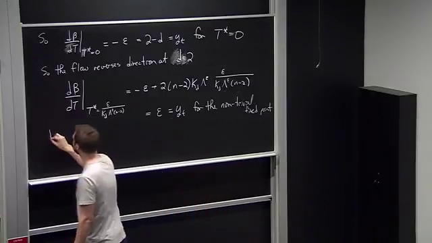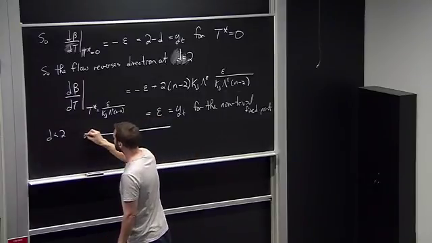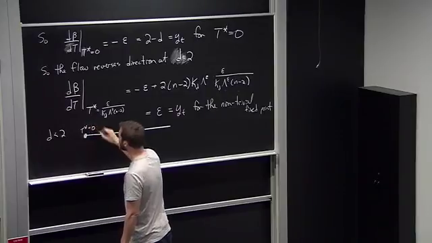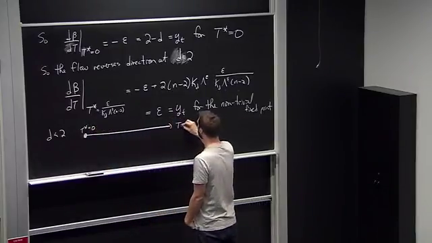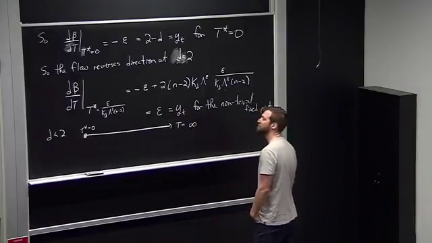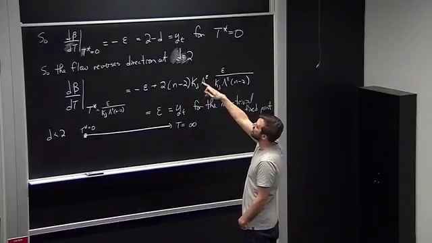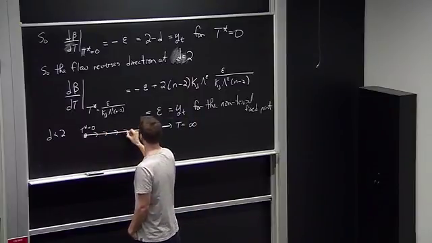We get a picture that looks like this with one fixed point at t equals 0. And here's t equals infinity. Does this make sense? For less than 2 dimensions, everything's relevant, so we just flow to the high temperature phase.